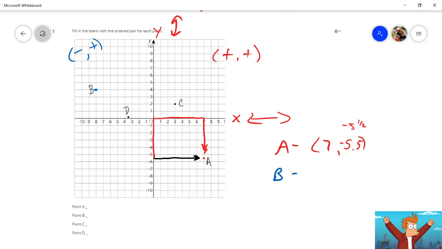Whereas quadrant 4 down here was positive, comma, negative, and then quadrant 3 over here would be negative, comma, negative. But we didn't have anybody in there, so it didn't really matter. Okay, B. Going from my origin across the x, that's -8.